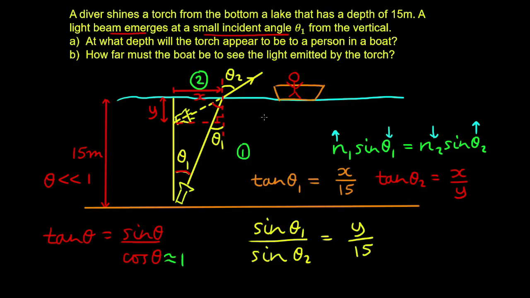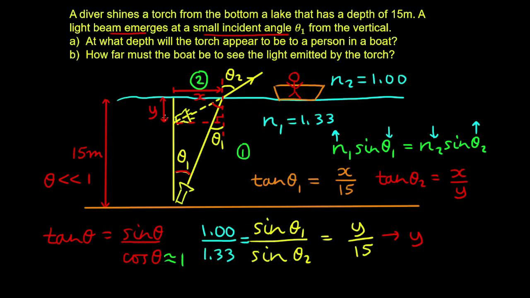So given the refractive index of water is approximately 1.33 and the refractive index of air is around 1.0, then by Snell's law, sine theta 1 on sine theta 2 is equal to n2 on n1. And solving for y, the torch is going to appear at a depth of around 11.3 meters.